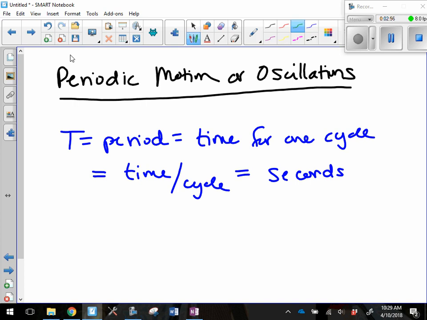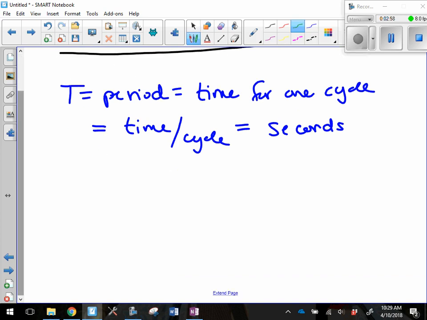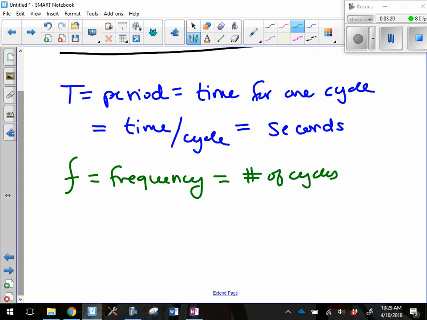Okay. What's the flip side of period? The literal flip side of period. Frequency. And what's frequency? It's the number of cycles per second. Or the number of cycles per time.